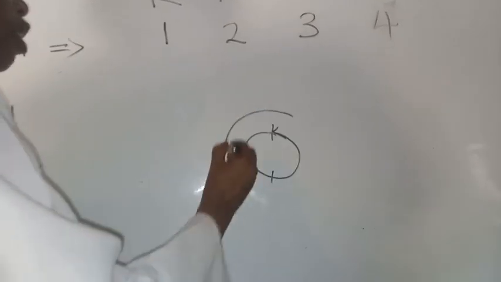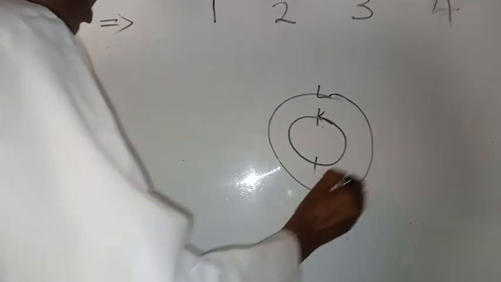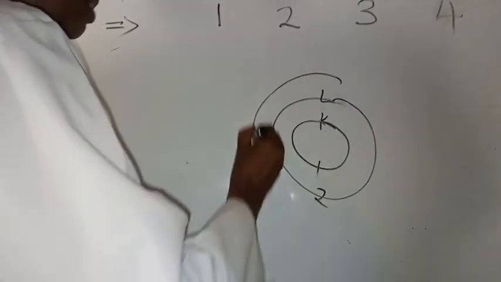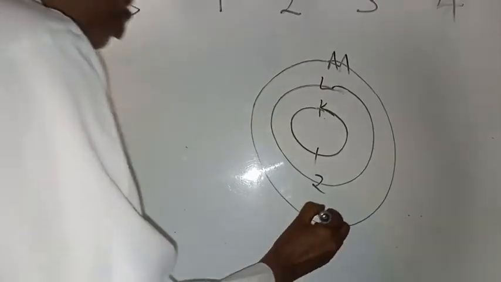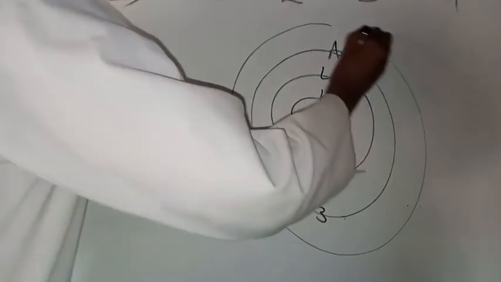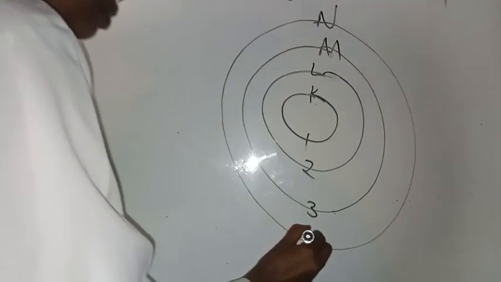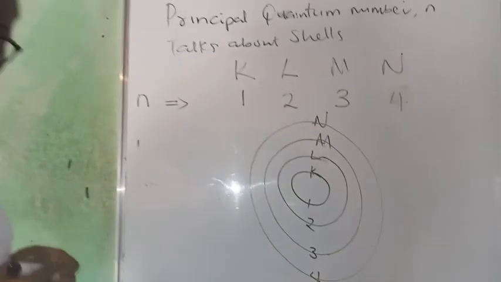We have the second shell, L shell, shell number 2. We have the third shell, M shell, shell number 3. And we have the fourth shell, N shell, shell number 4.